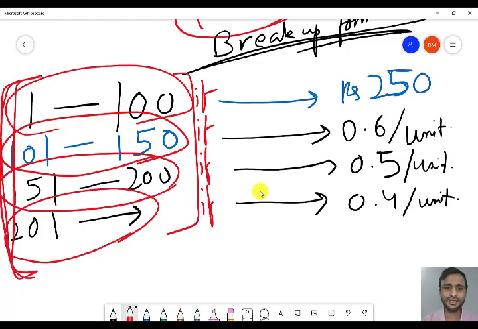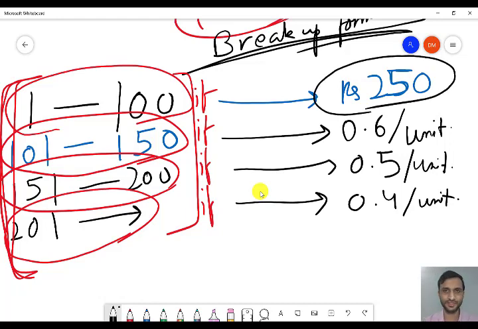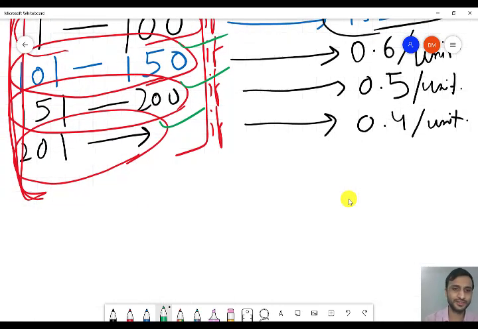So for the first if, the electricity bill is directly 250, it is fixed for the first 100 units. Now the question comes how to calculate electricity for the second case, for the third case, and for the fourth case.